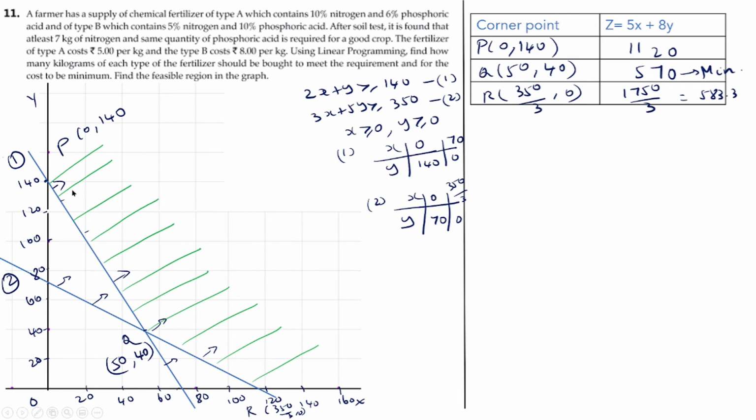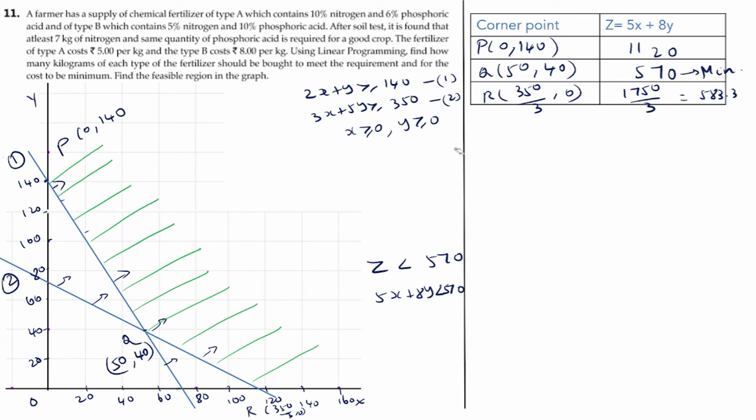And now since this feasible region is unbounded, we have to check the half plane corresponding to z less than the minimum value. That is 5x plus 8y less than 570. So we have to check this. So one point is this Q 50, 40, that is one point.